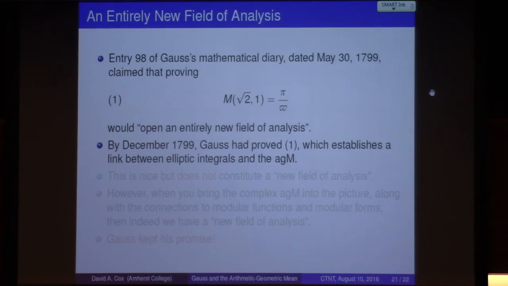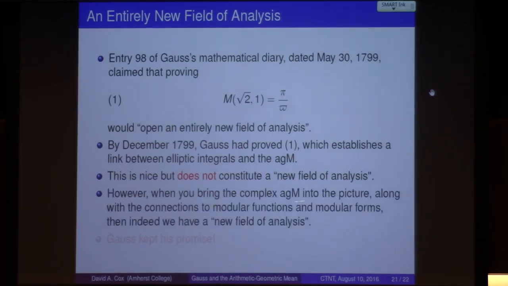That's really nice, but I don't think it constitutes something tremendously new. That's just a nice connection between two existing mathematical objects. But when you throw in the complex AGM and the connection with modular functions and modular forms, then we really do have something genuinely new.